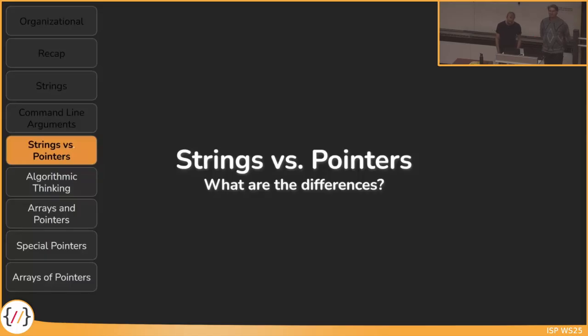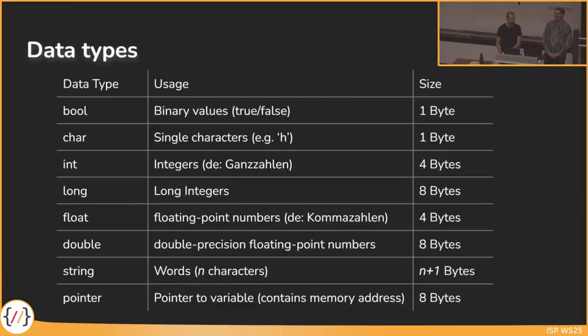Tanya and Michi already did a lot about the similarities and differences of strings and pointers, but we want to have a few slides again. What exactly are the differences between strings and pointers?